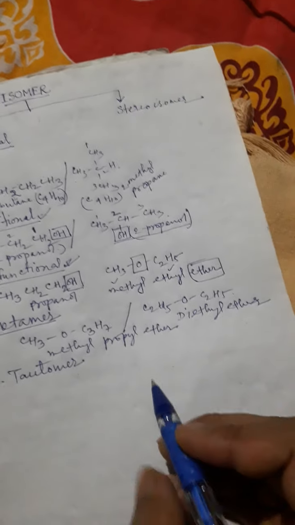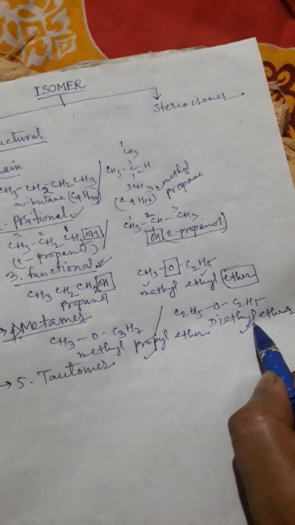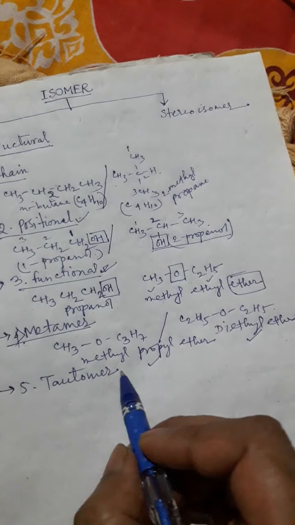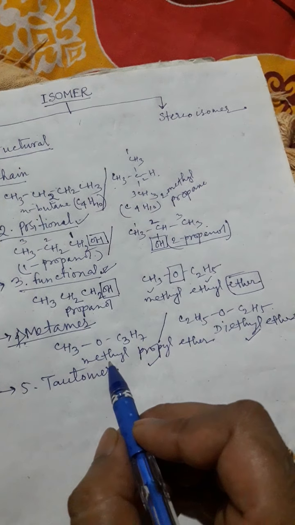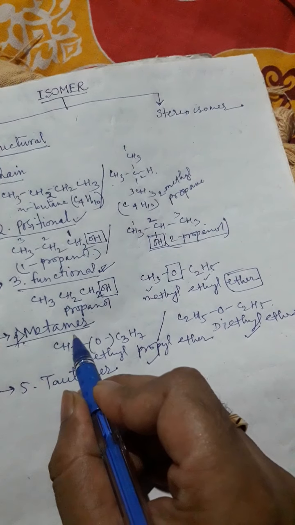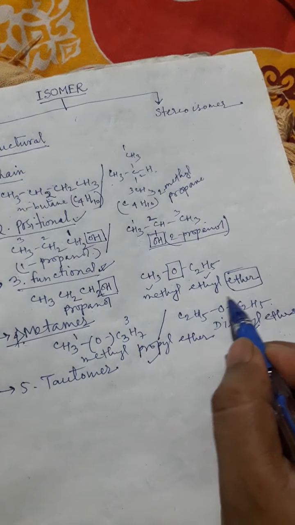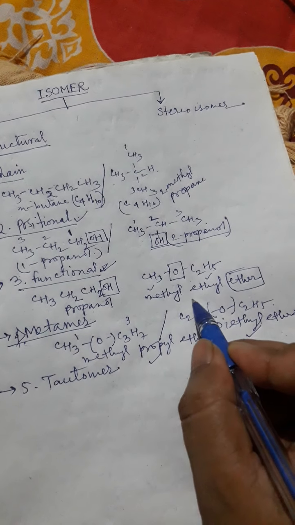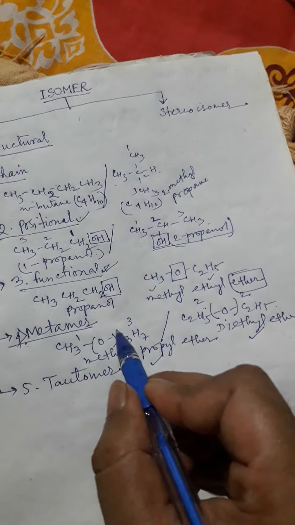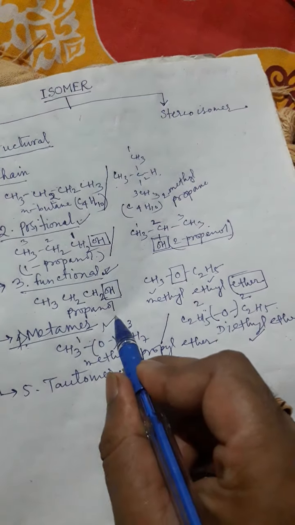If you see these two structures, methyl propyl ether and diethyl ether, look at the number of carbons on either side of the ether group. Here 1 and here 3. But here beside the ether group, 2 and 2. So here it is equally distributed, but there unequally distributed. So this kind of isomer is called metamer.